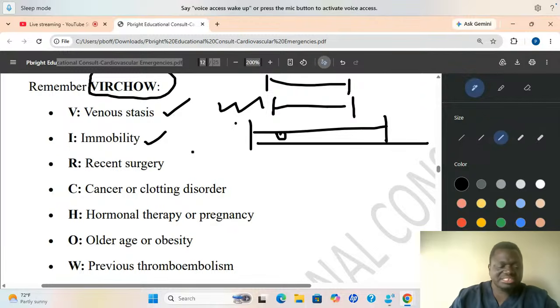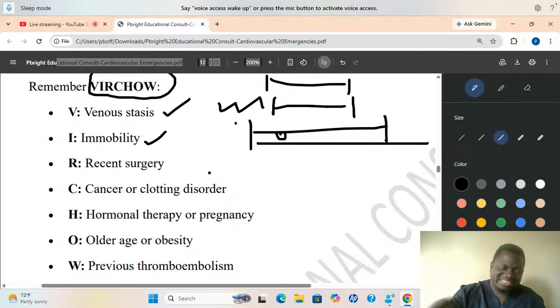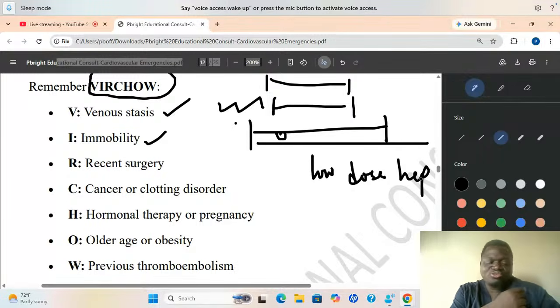Patients come back from theater, patients on the ward. Somebody has been on the ward for 1 month and we are not giving the person any low dose heparin. Those small shots, not the IV one, the one we inject subcutaneously.